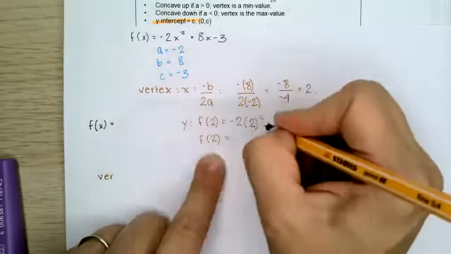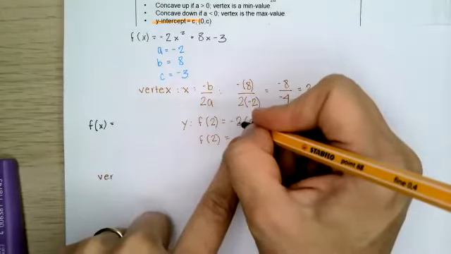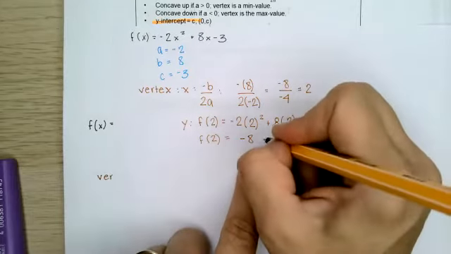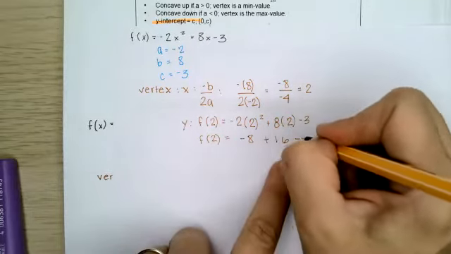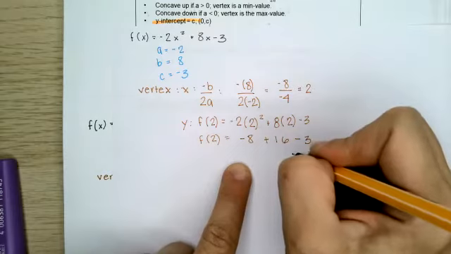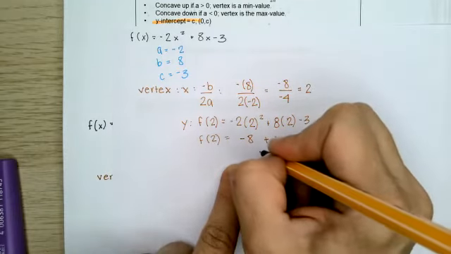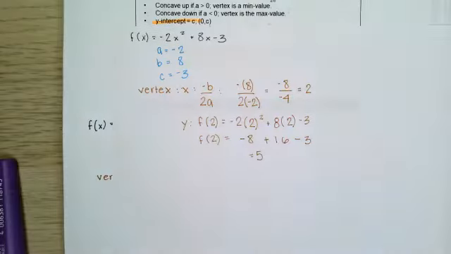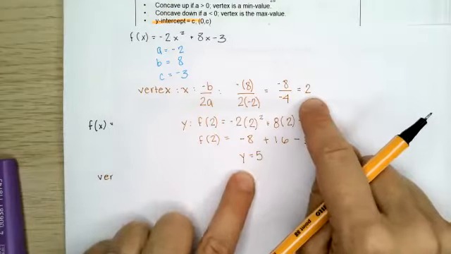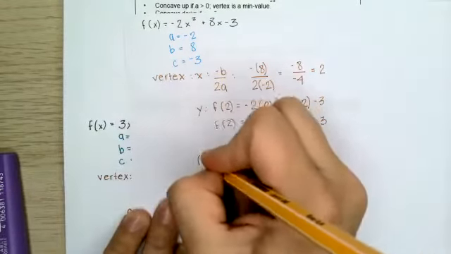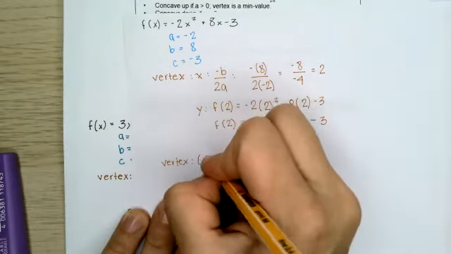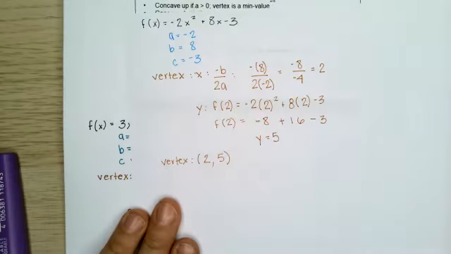F of 2 is 2 times 2 is 4 times a negative 2 is a negative 8, right? 8 times 2 is 16 minus 3, right? 16 minus 8 is 8. 8 minus 3 is 5. So my y value is 5 when my x value is 2, and that is my vertex. Positive 2, positive 5.